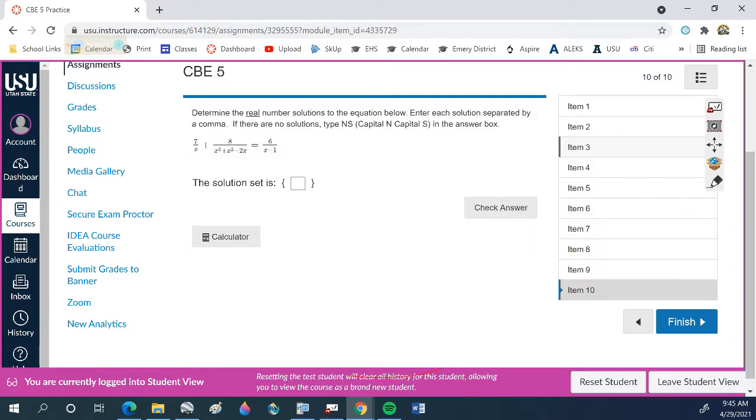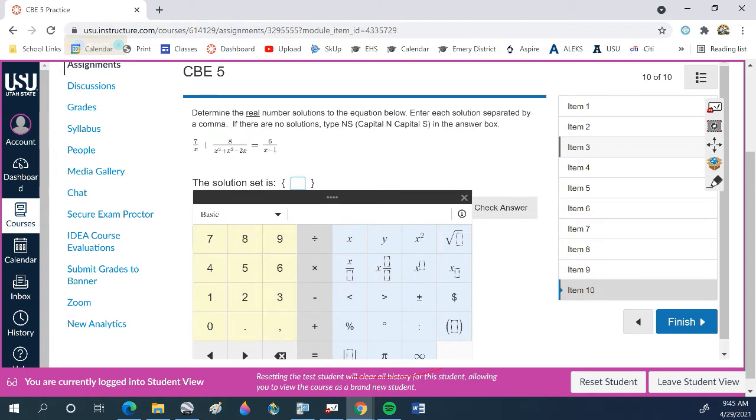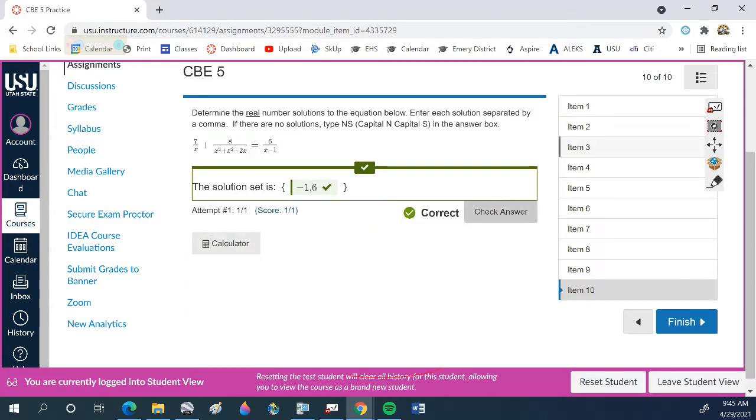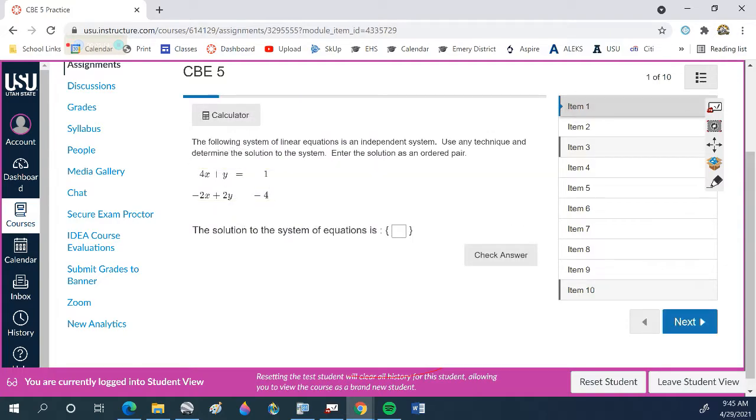So the solution set is negative 1, 6. Sometimes on some of the other tests, didn't it make you put them in numerical order? Yeah. So negative 1, 6.